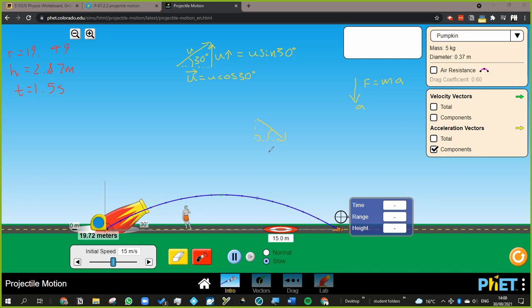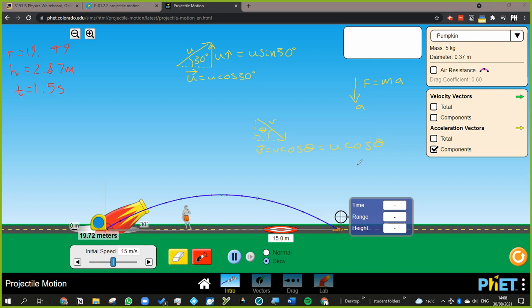And so the horizontal component of the final velocity, let's put the final velocity there, is going to be v, and let's call that theta, v cos theta. It is v cos theta, but because it's the same as the initial one, that's the same as u cos theta.